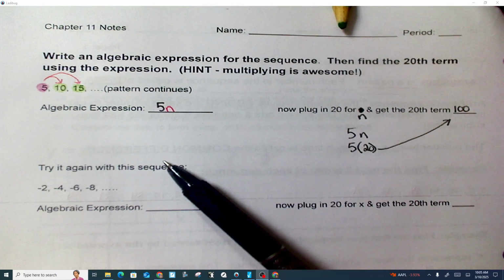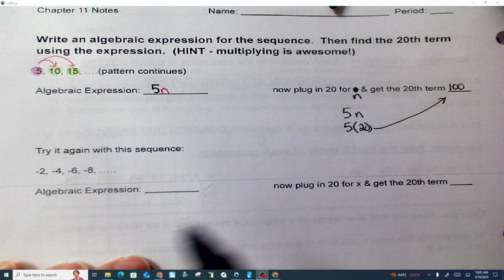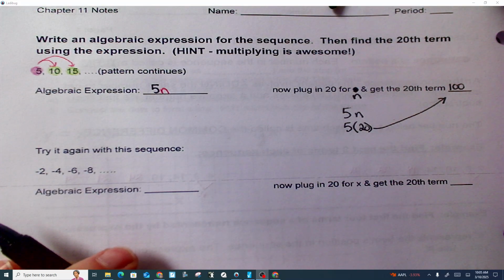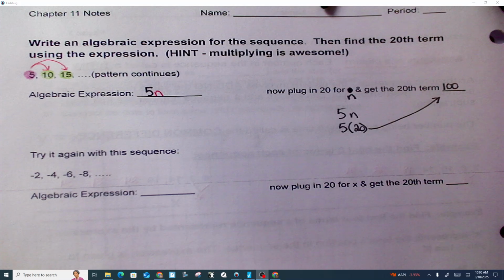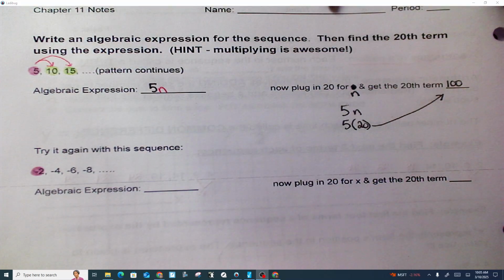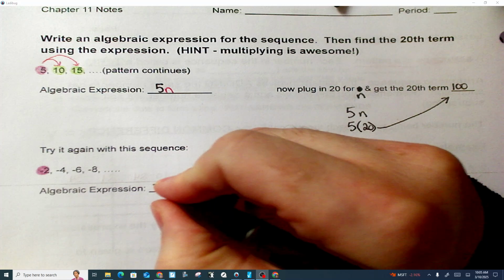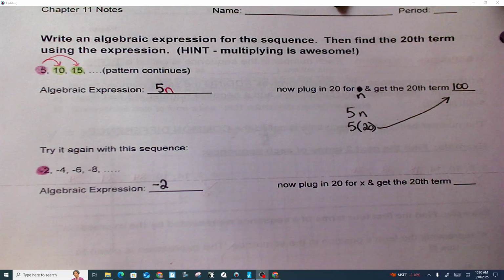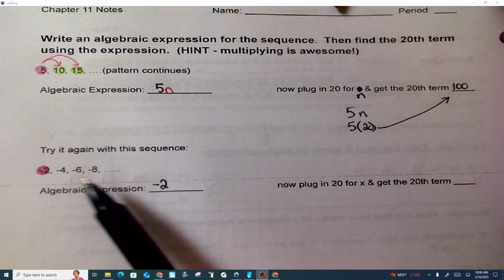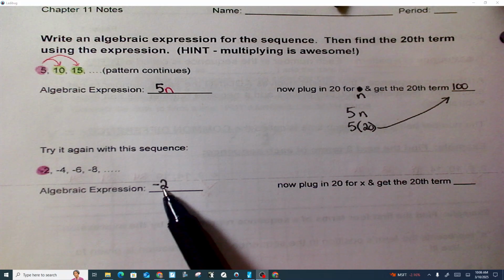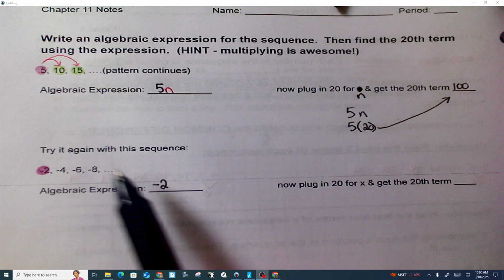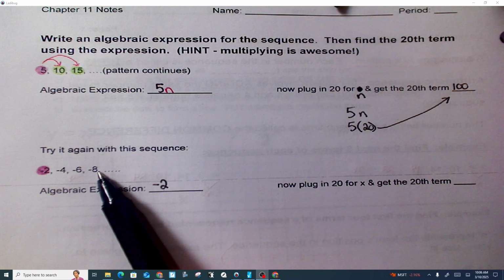So let's go and let's check this one right here. Now you can see that the very first term in the sequence is -2. Take -2, write it down right here, and then ask yourself, what could I times this by to get to some of these terms that are already sitting there?